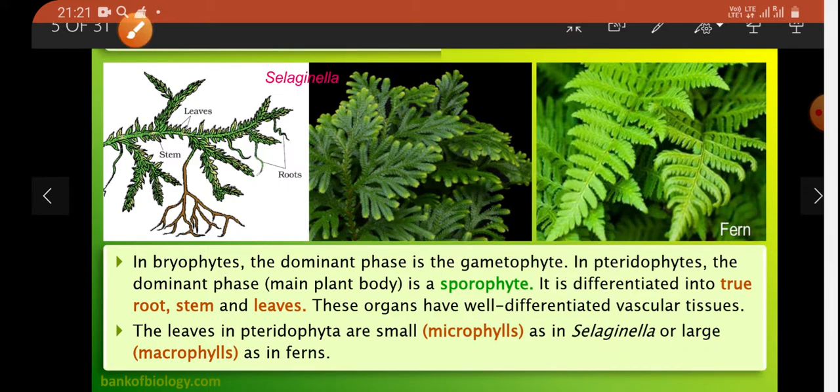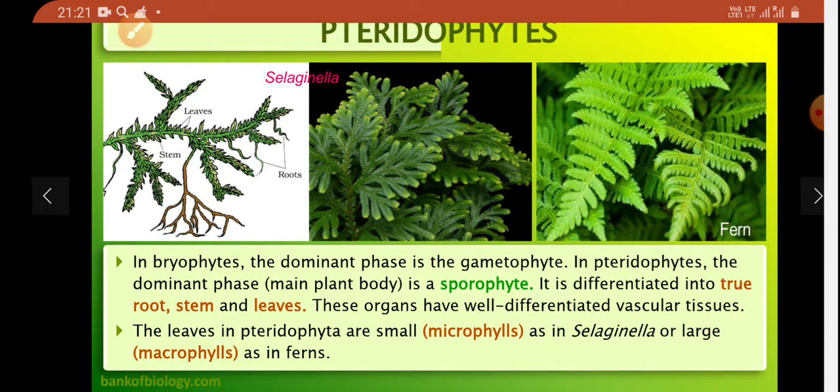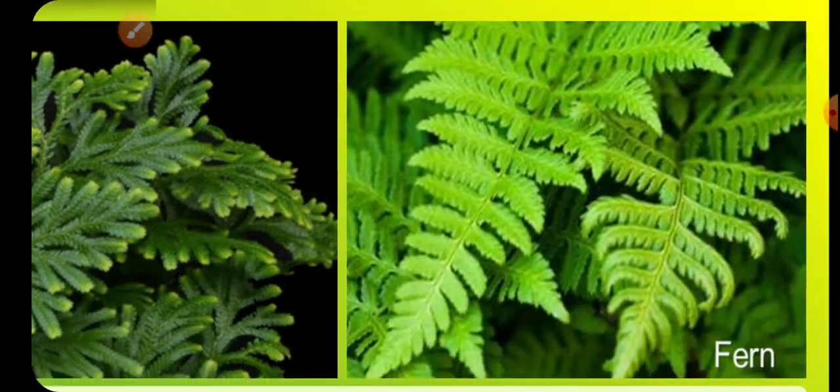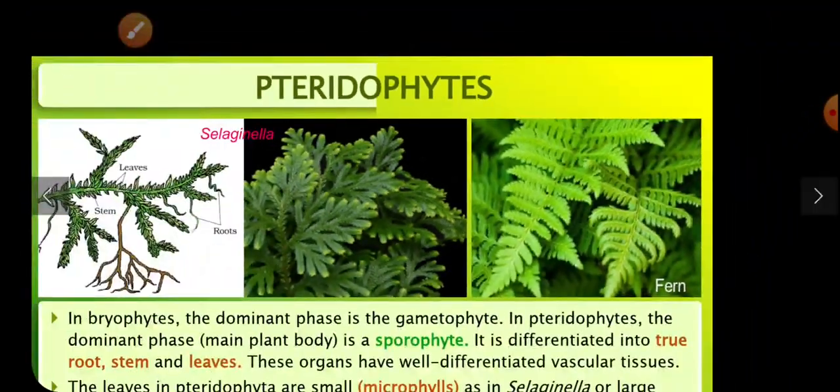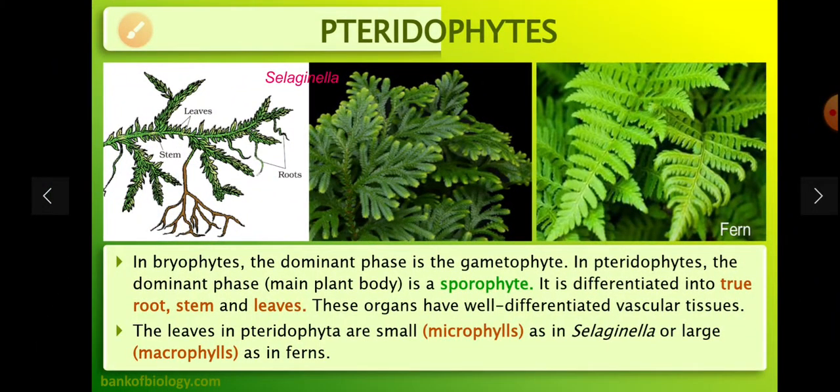These organs have well differentiated vascular tissue. The leaves in pteridophytes are small as in Selaginella or large as in ferns. Here you can see a picture of ferns, with quite large leaves compared to Selaginella.